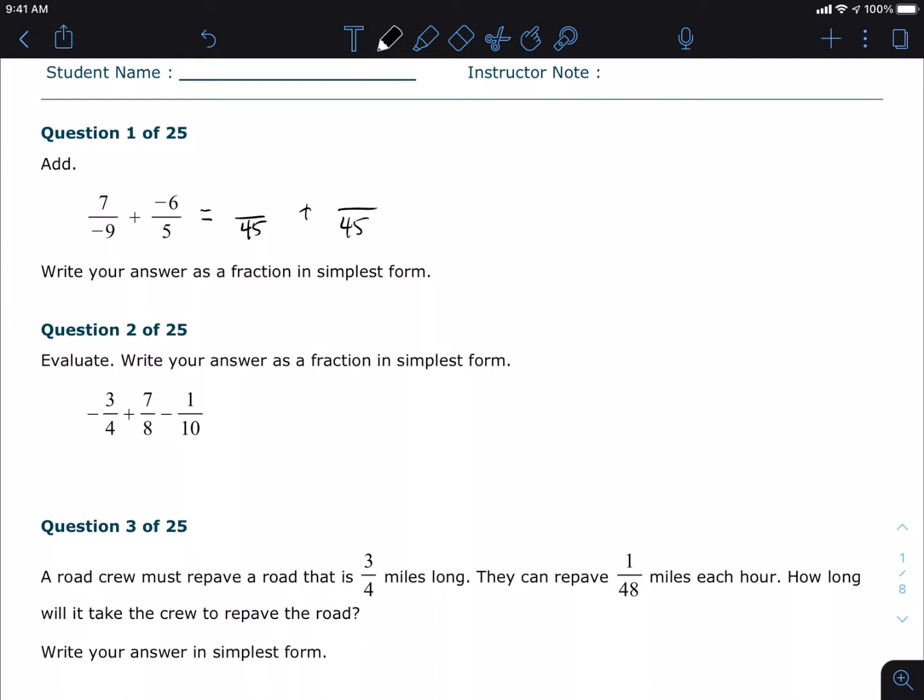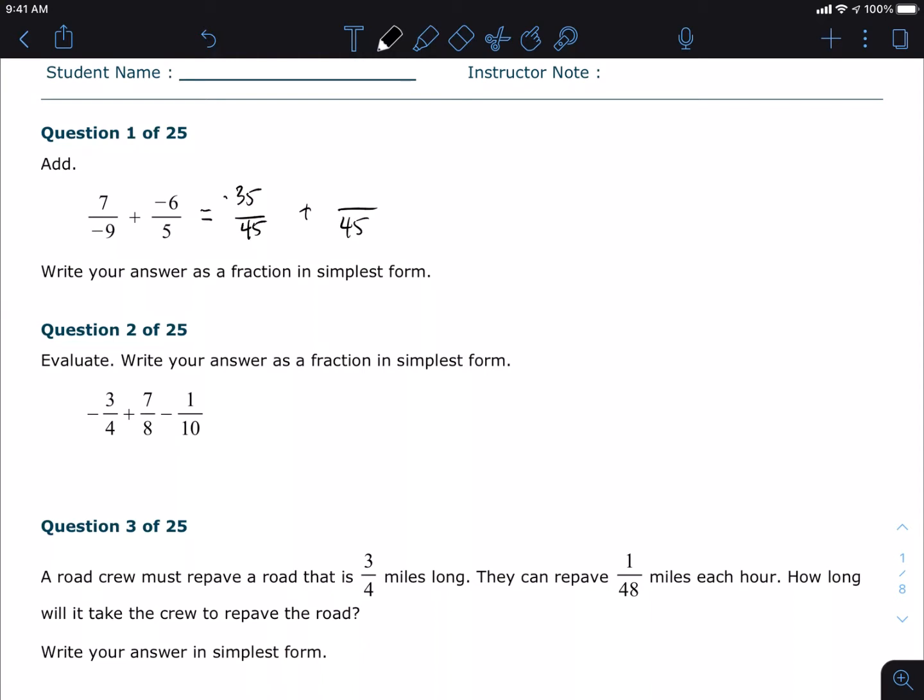Since I did that, now I have to multiply the 7 by 5, so that's going to give me 35. And really what I should have done is multiply by a negative. No need actually, because they'll both have the negative there, so it doesn't really matter as long as they have the same number.